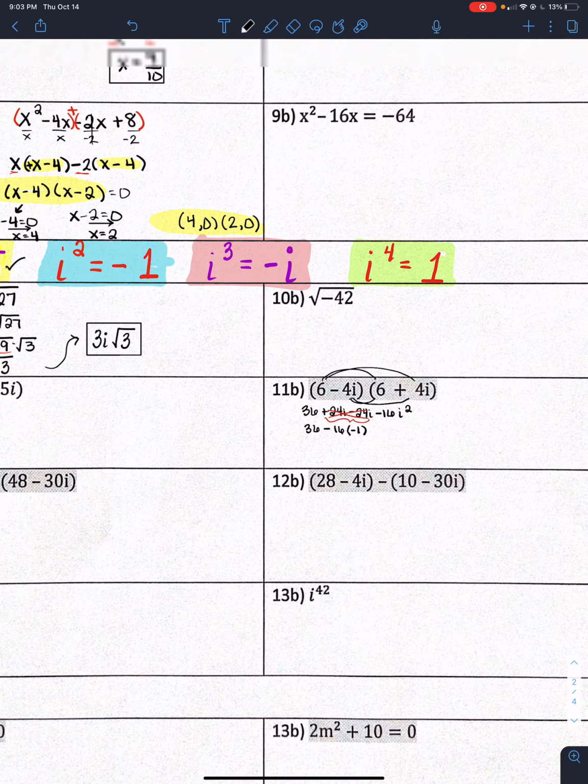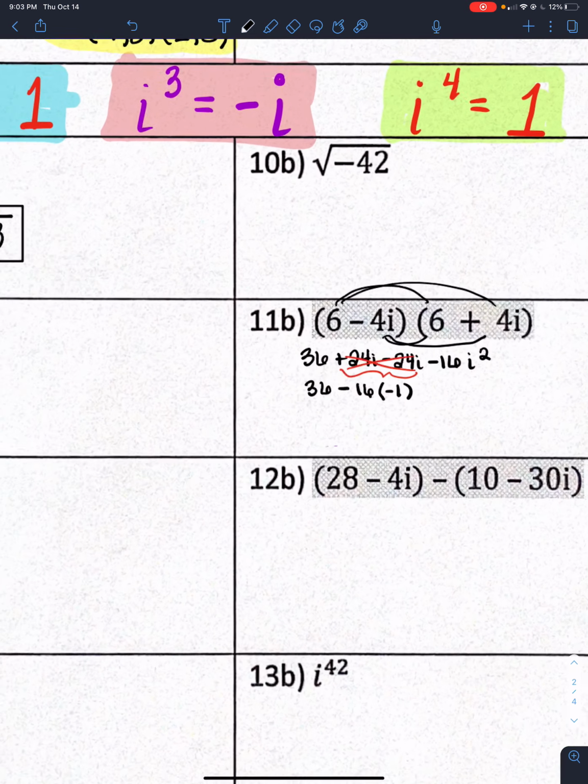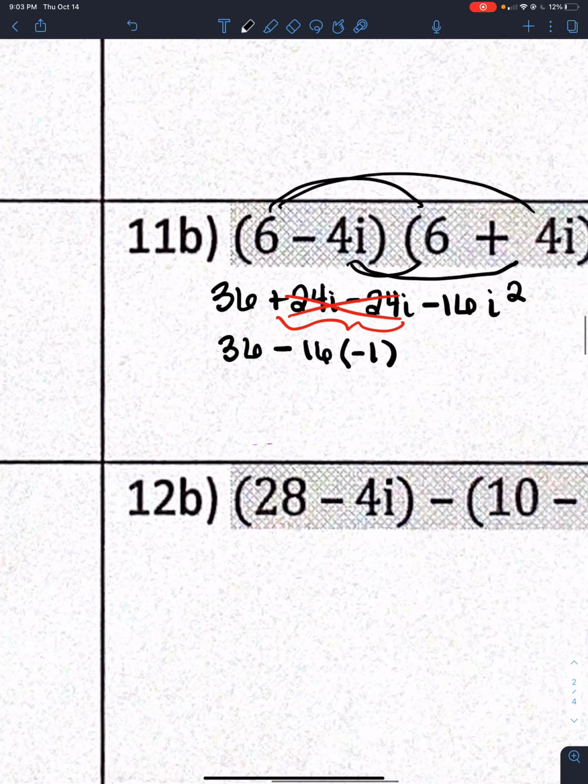Okay, so if you didn't see my notes up here, make sure you highlight these things here because they are important to the test. Okay, all right. So then I have 36. Negative times a negative is a positive. Okay, so that gives me 52.